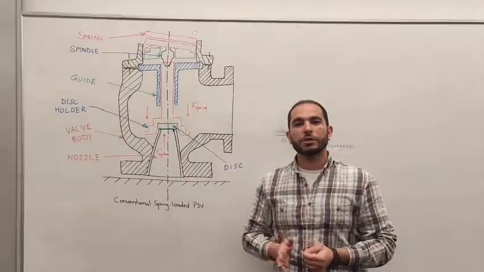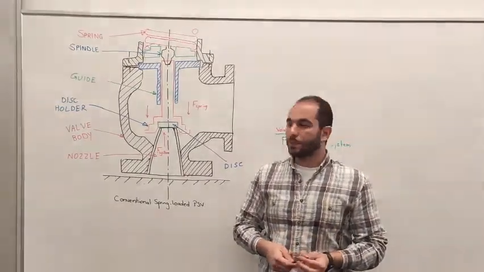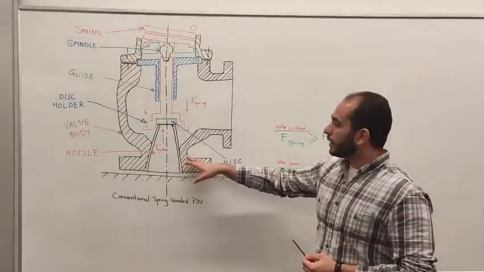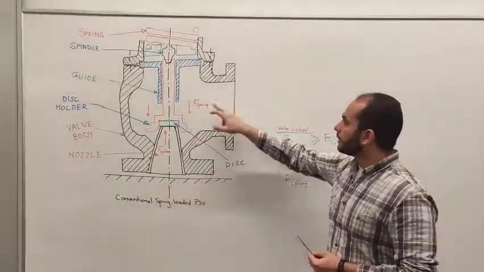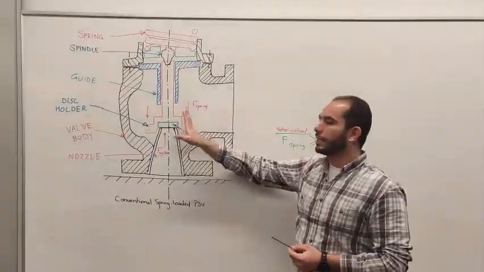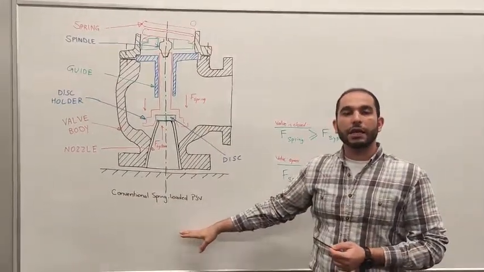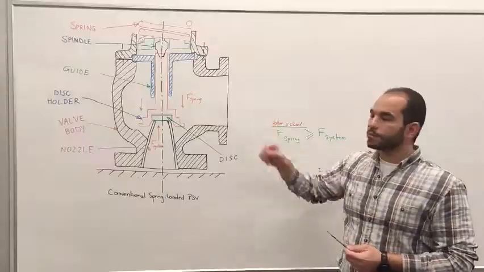So let's have a look at the internal structure of a conventional spring-loaded PSV. It contains a cast body that is connected to the pressure system through the inlet flange, and we have here the outlet flange from which the excessive media that is causing the increase in pressure comes out.